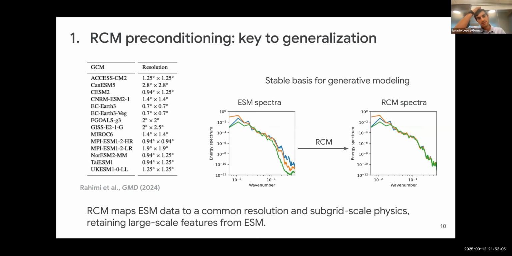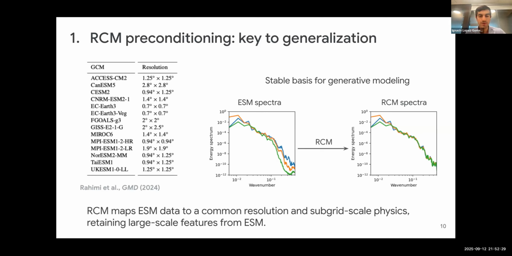And so this can be understood also in terms of the spectra of different fields. Here I'm showing an example in the middle of the slide where the different colors are supposed to represent different climate models, but with the same variable and the same diagnostic. And we can see that for different climate models, if they have different resolution, the spectra or the energy at every scale is going to be very different.